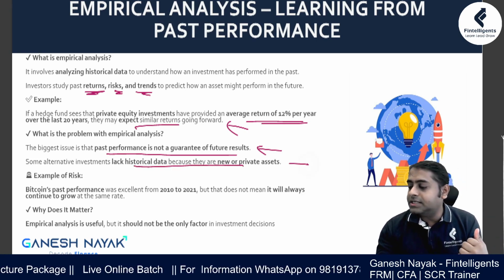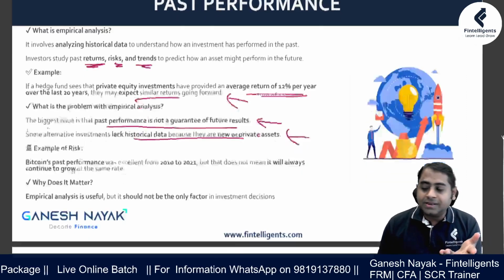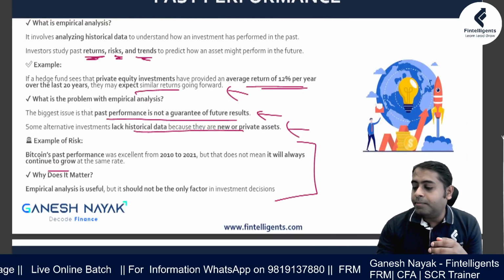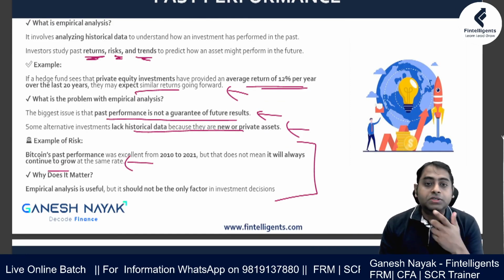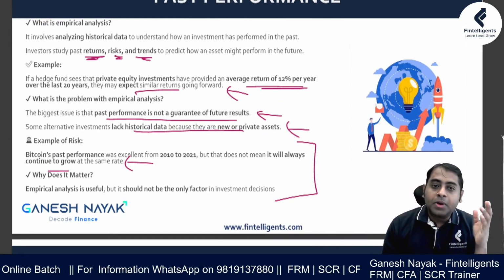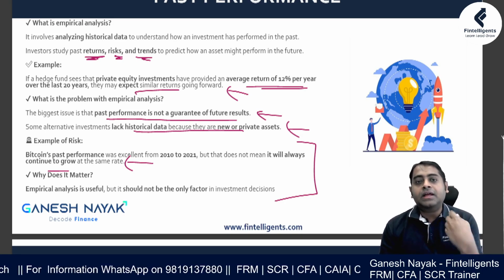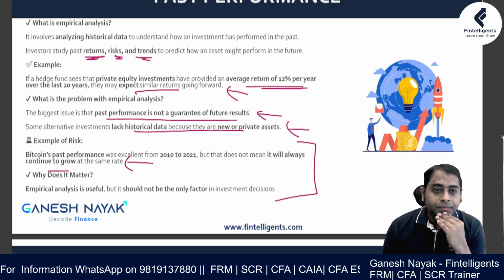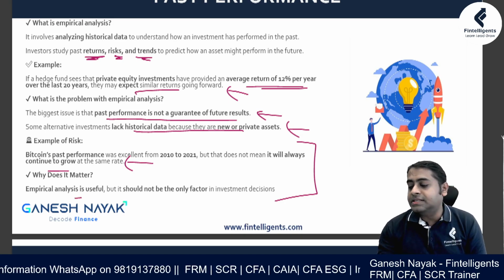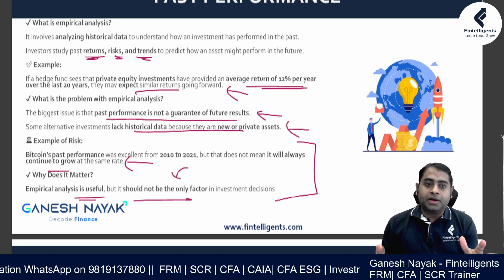So for new assets, it is not possible. For example, for Bitcoin, people who invested early took a huge amount of risk. But now there is a huge amount of data available to look at, analyze and give an answer. So empirical analysis is useful, but you cannot simply rely on it.